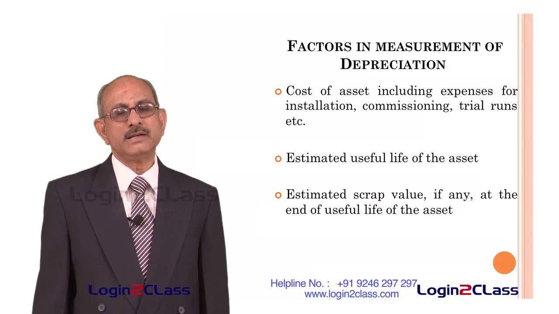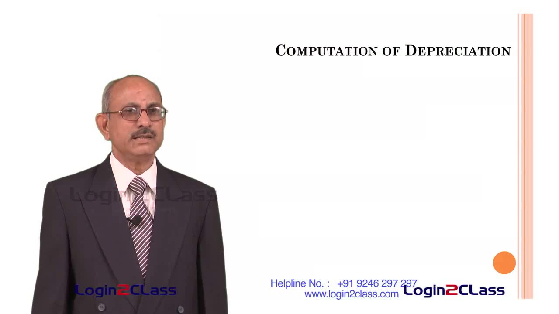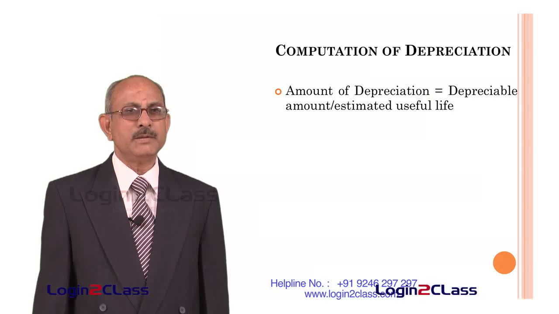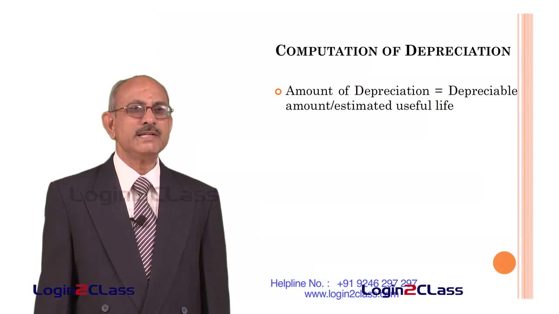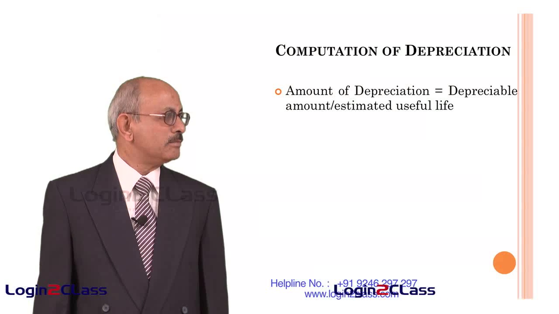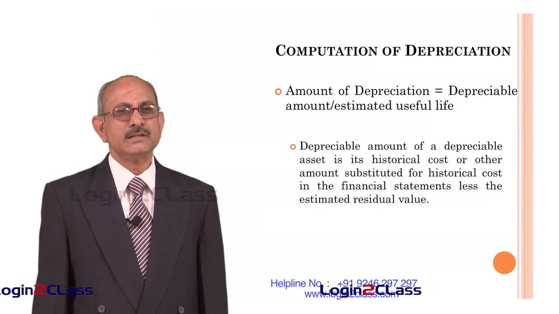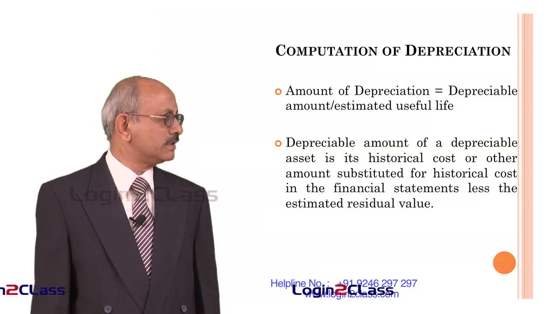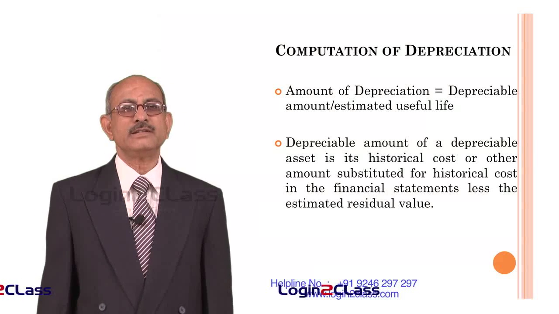So, the depreciation is computed in the following manner. The amount of depreciation is always equal to the depreciable amount divided by the estimated useful life. And depreciable amount is given by the equation, the historical cost or the other amount substituted for historical cost less the estimated residual value.